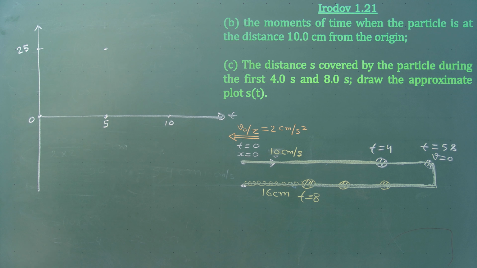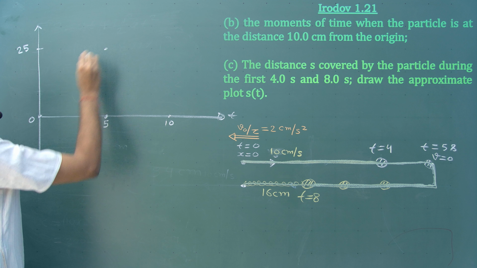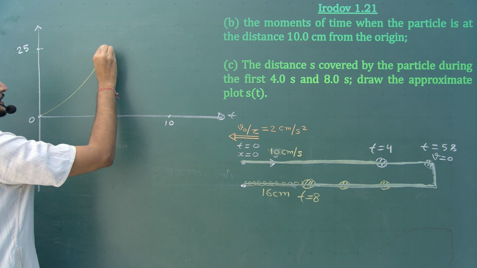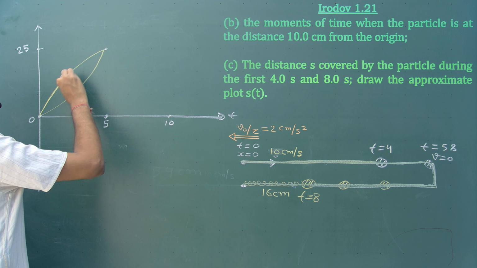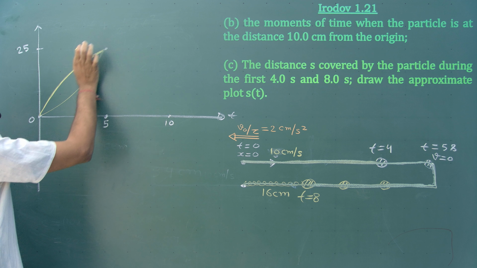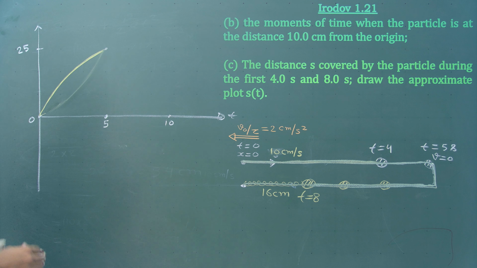Okay, yes. Now acceleration is constant. It means the displacement time graph is a parabola. So from this point to this point, the parabola can be this or this. Acceleration is negative means a downward parabola. So this is the correct curve for time t equal to 0 to 5 seconds. Again, from this point to this point, the curve is again a parabola.